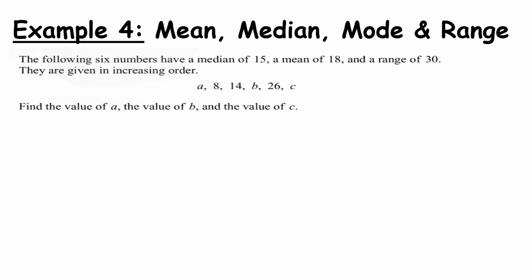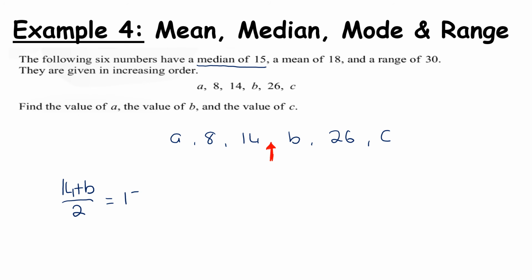So the first thing we're going to do is work with the first piece of information, and that is that the median is 15. So just to give myself a bit more space, I'm going to draw out this sequence of numbers again. So the median is the middle, which will be halfway, but since there are 6 numbers, it will sit in here. So I know that when I add 14 plus B and divide it by 2, the answer will be 15.